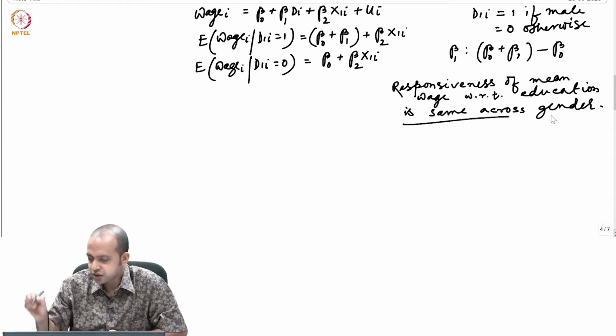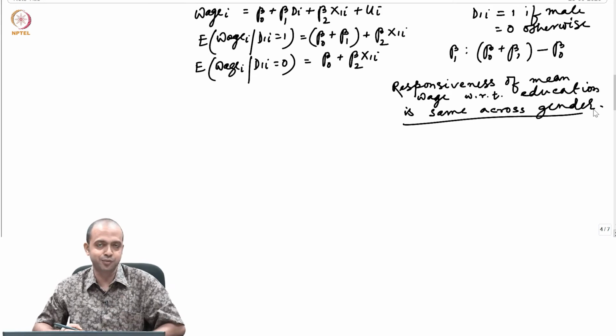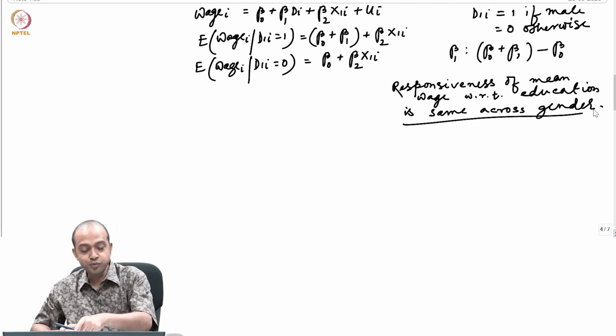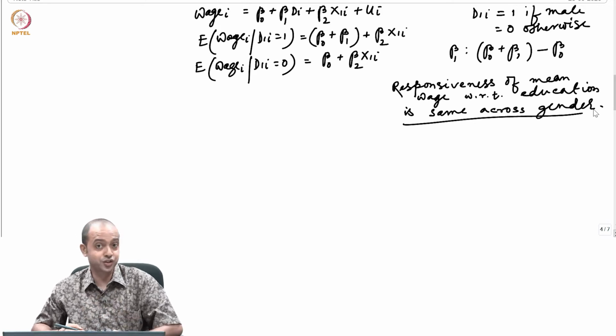So, this is the assumption that we are making in this model. We have to very clearly keep this in mind. Both male and female are getting the same increment when they go for extra years of education.